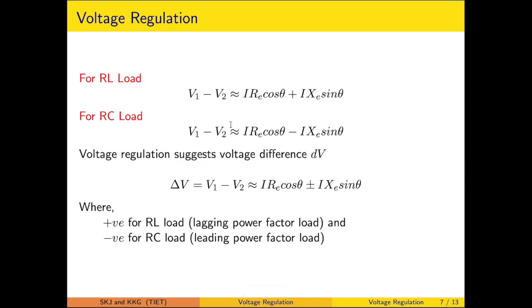As a summary, this is the arrangement for the RL load, so it has the positive sign. Here the RC load has the negative sign. When these two relations are combined, they are represented with the plus minus sign, where plus stands for the RL load or the lagging power factor load, and the minus sign stands for the RC or the leading power factor load.